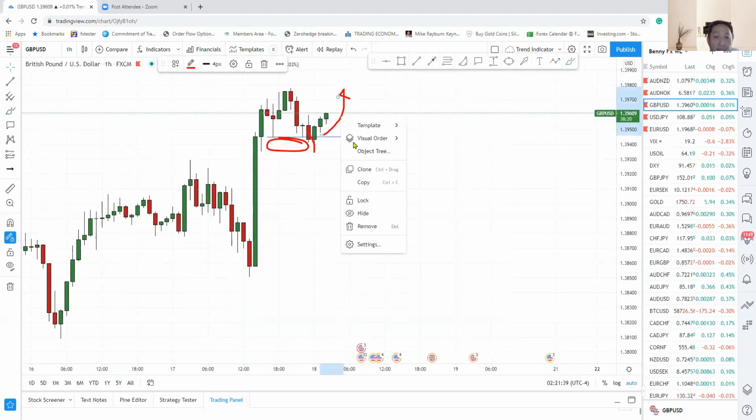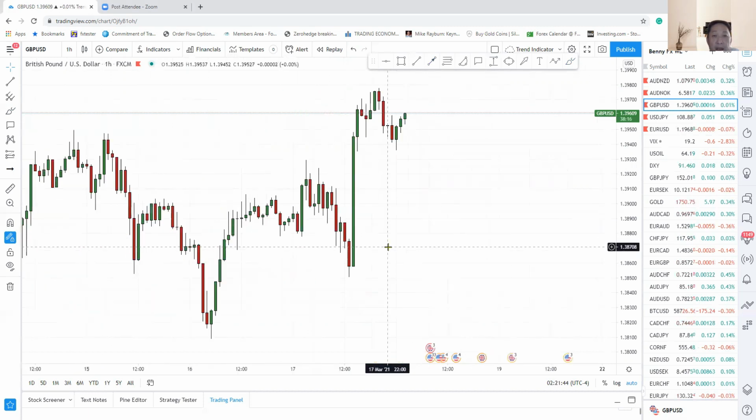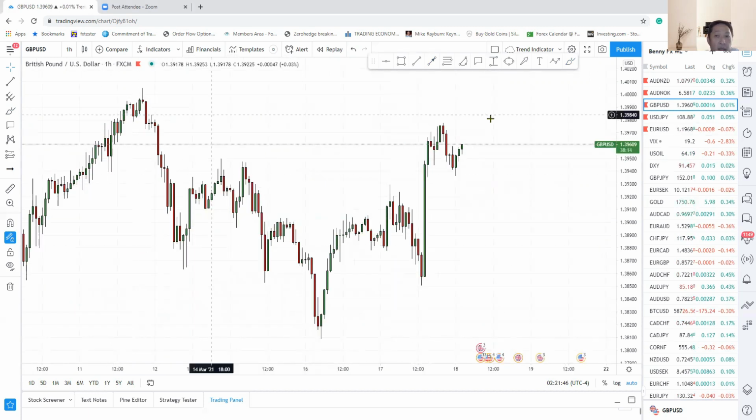So I think that into the early European session, we might see pound dollar coming up to test this high.